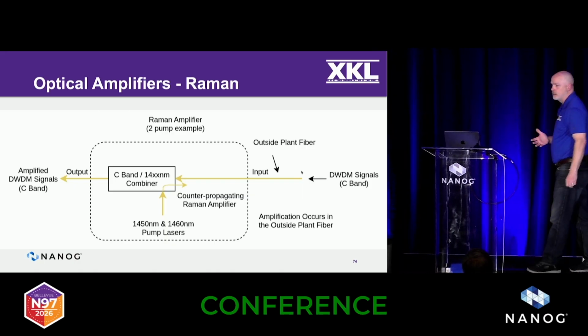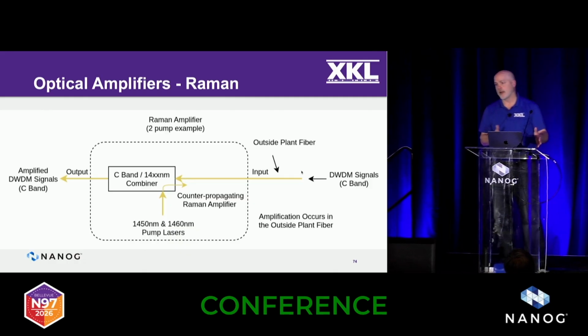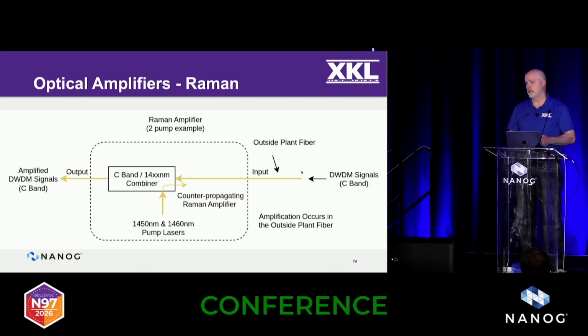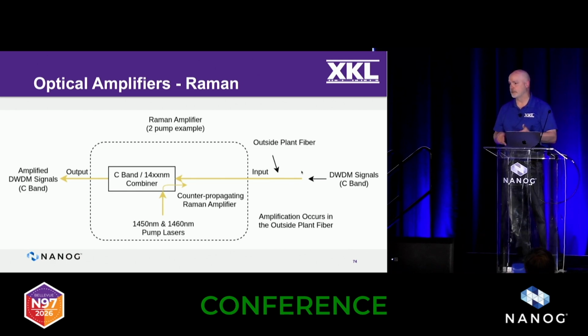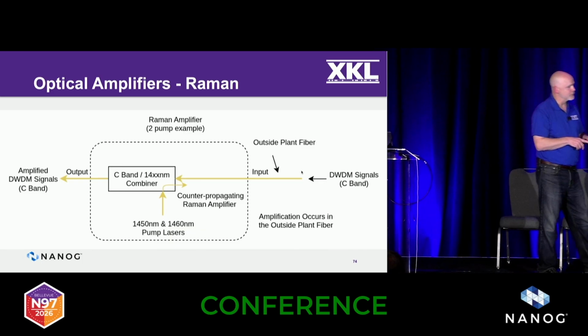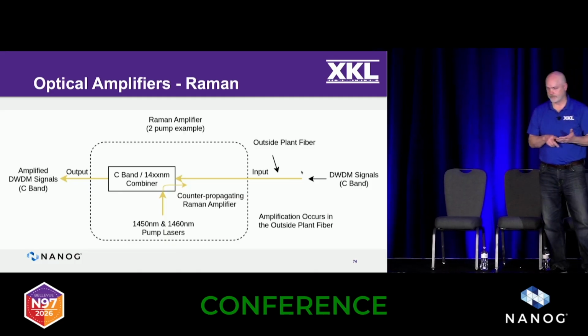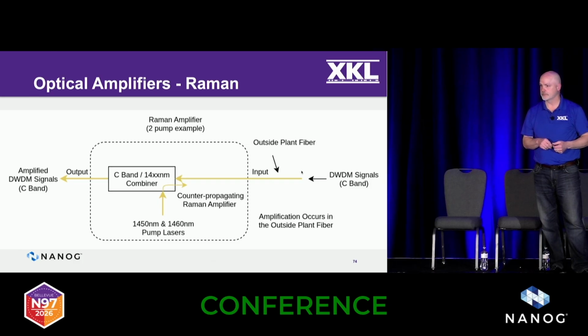Operationally, the Raman is more difficult because now you're relying on the outside plant, connectors, patch panels, adapters, etc. All of that stuff has an impact on the Raman gain. There's also, which we probably won't get to, but we'll see if we start talking about fiber and laser safety and eye safety, the power levels associated with a Raman are much, much higher.